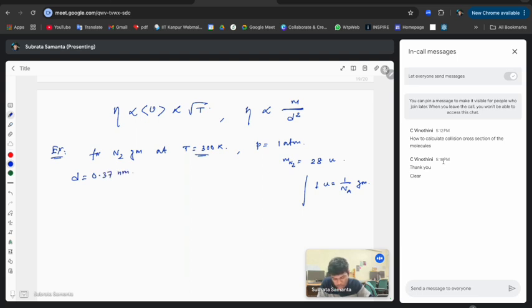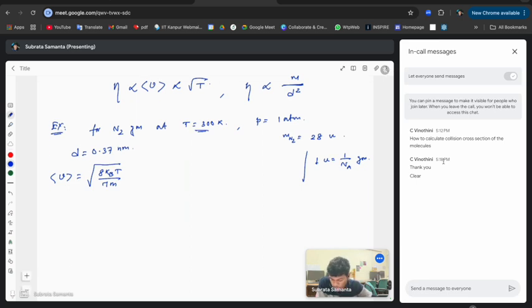And if we calculate the V average, it is basically the square root of 8 kBT over pi m. Here m is not the total mass, it's the molecular mass. Capital M is the total mass, small m times Na, the Avogadro number.